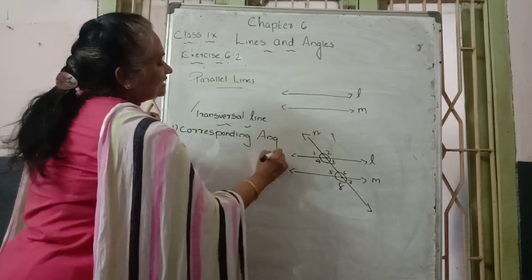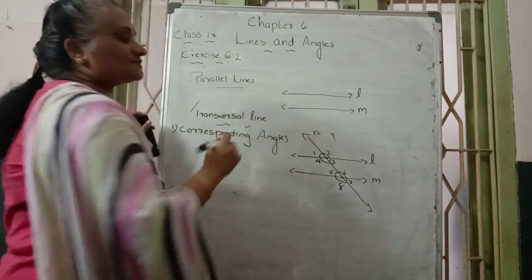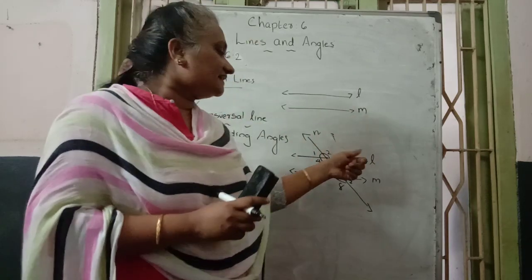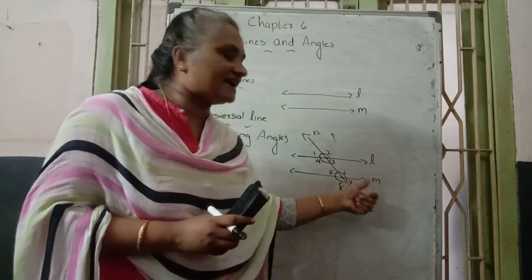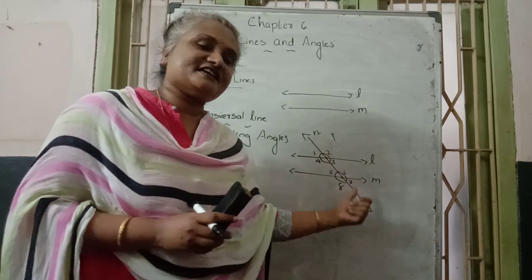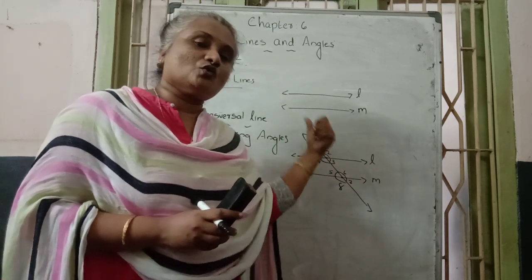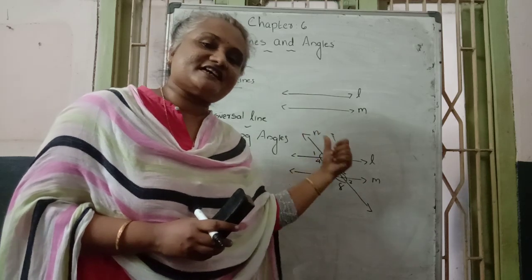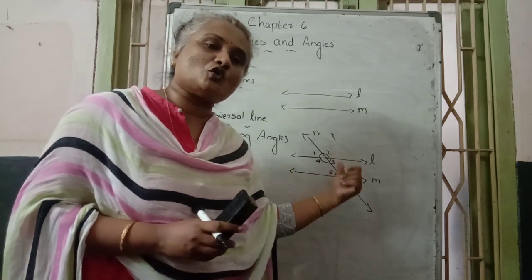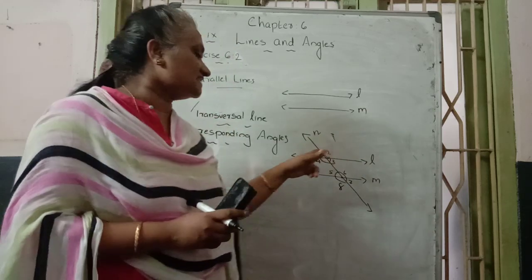What about corresponding angles? Here line L and line M are cut by a transversal line N. Transversal line means two or more lines are cut by a straight line at distinct points.